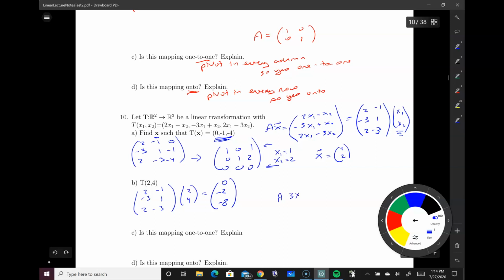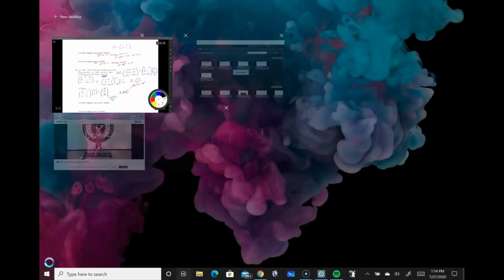A was a 3 by 2 matrix. So the domain is R2, right? The domain is R2. And the codomain, right, the codomain or the range, is R3.